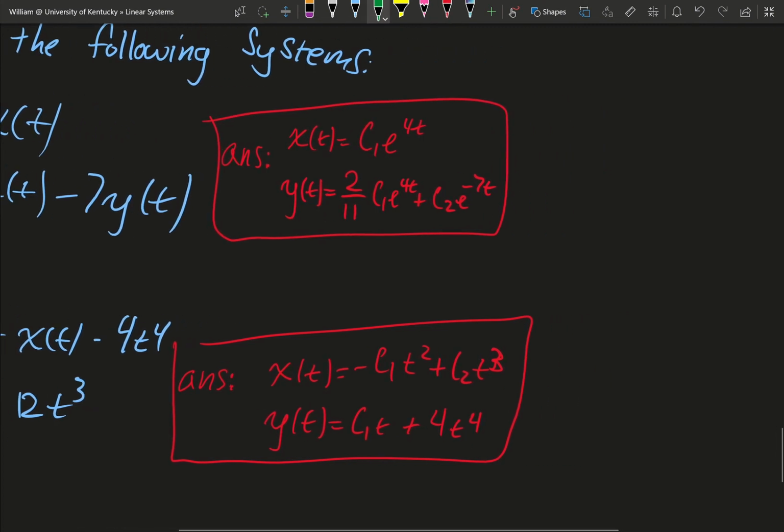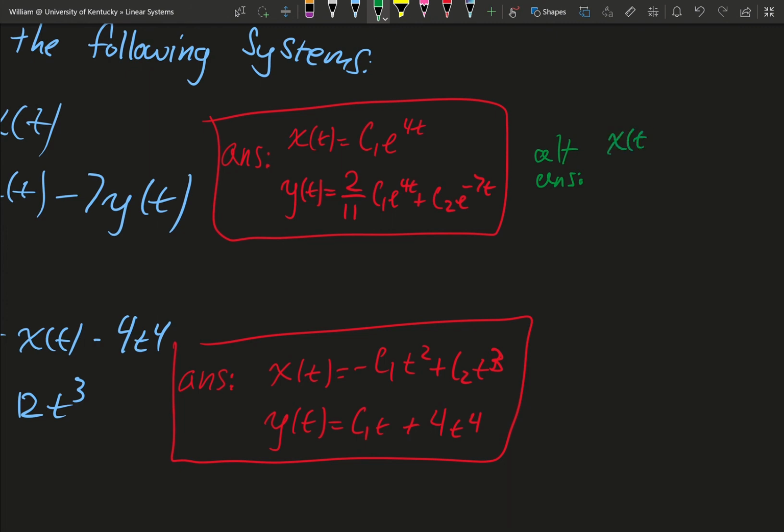And just to make this point one more time, I'll write down an alternate answer if you wanted to try sort of adjusting these coefficients. What you could do is just sort of, to get rid of this 11, replace c1 with 11 times c1.